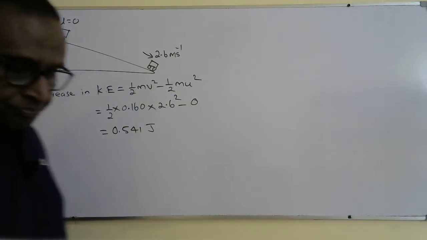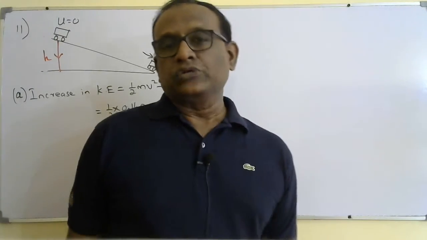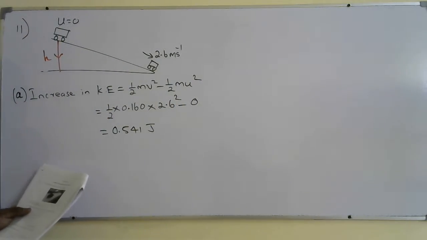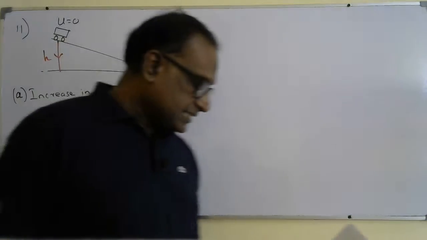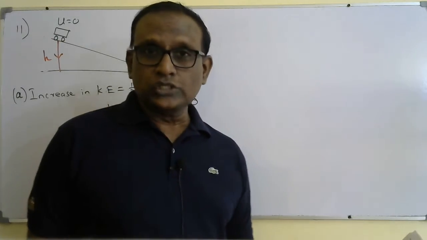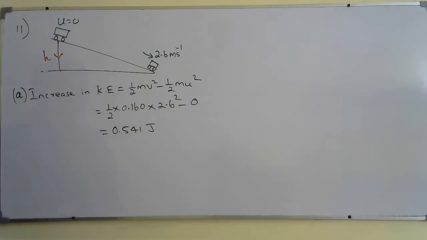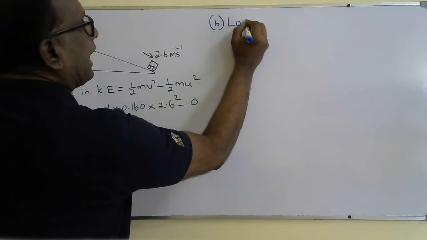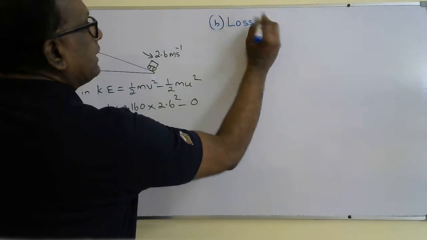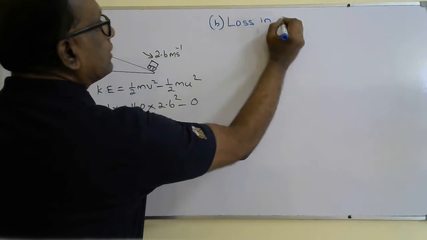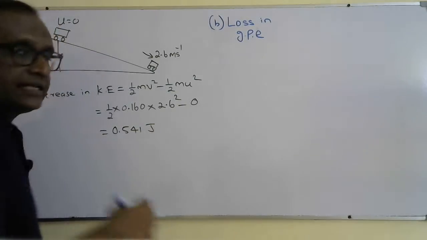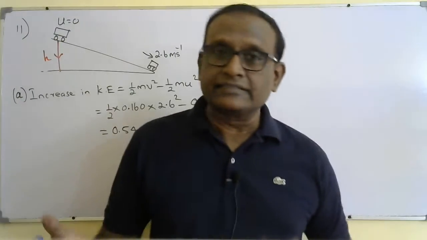So here, we'll use the energy equation for that. Okay. And the work against the friction is given as 0.26 joules. So we can write the proper energy equation for B part. Loss in gravitational potential energy, because there is no motor, electric motor, nothing.